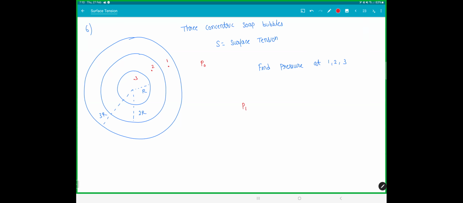P naught. So P1 minus P naught is 4s by radius. What is the radius? 3r, na? So P1 is P naught plus 4s by 3r. P2 minus P1 is 4s by 2r. So P2 will be P naught plus 4s by 3r plus 4s by 2r.